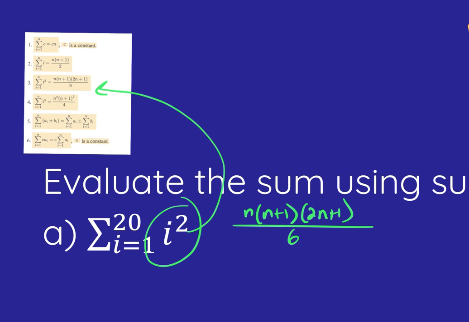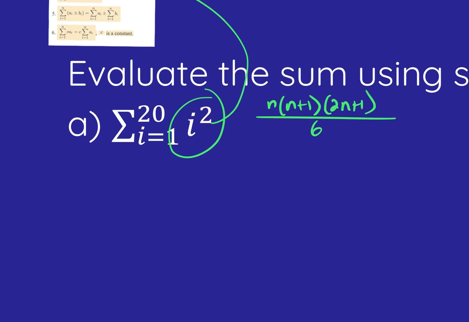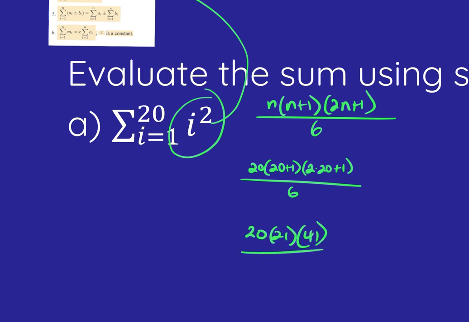And if the bottom number is 1, which it will be in all of these, then the top number is your n. So this becomes 20 times 20 plus 1 times 2 times 20 plus 1, all over 6. You could type that whole thing in your calculator, or simplify it and type 20 times 21 times 41 over 6. It doesn't matter.